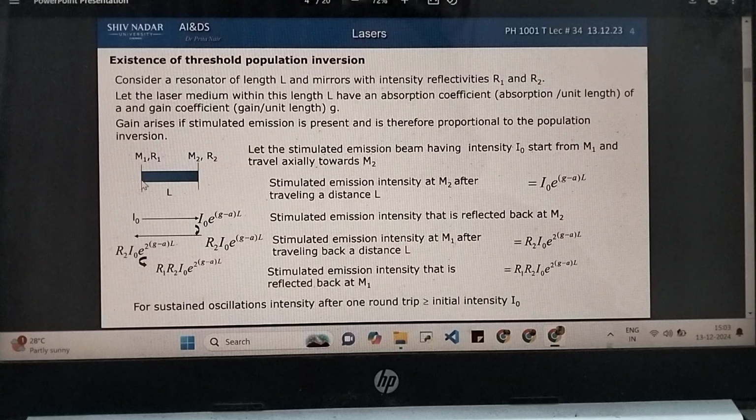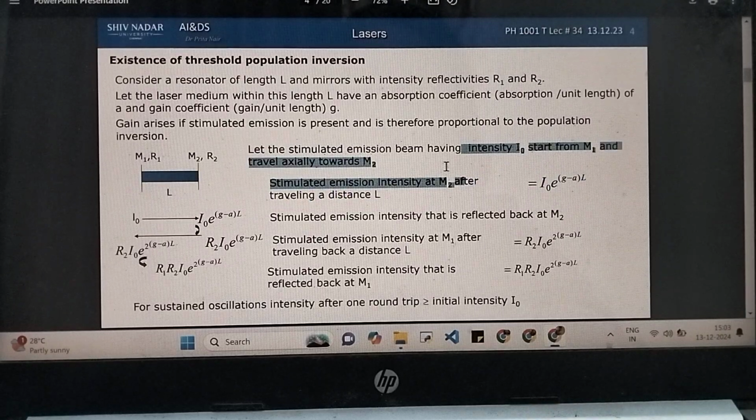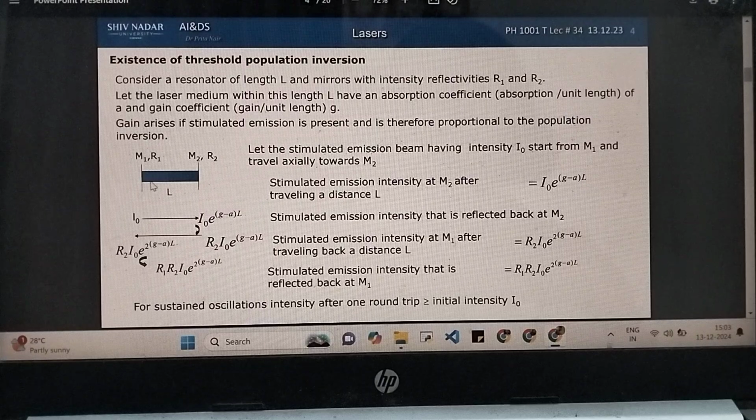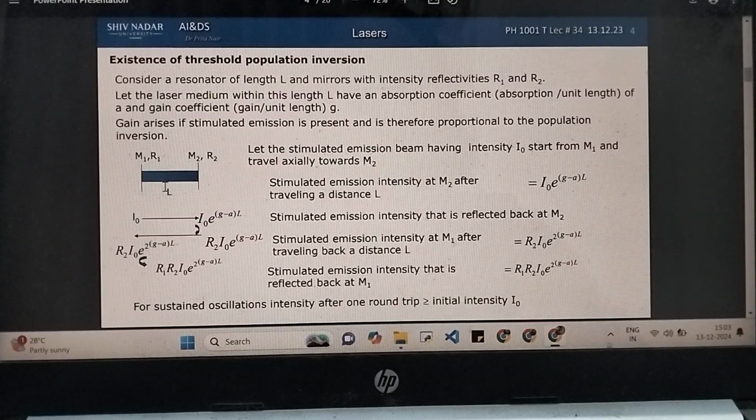Now let us say your photons are starting with intensity I0 from M1 and are traveling towards M2. So here are my photons. Let's say the initial spontaneous emission happened, it triggered some stimulated emission, and those stimulated photons are now at this point M1. They're going to start traveling towards M2 with intensity I0.